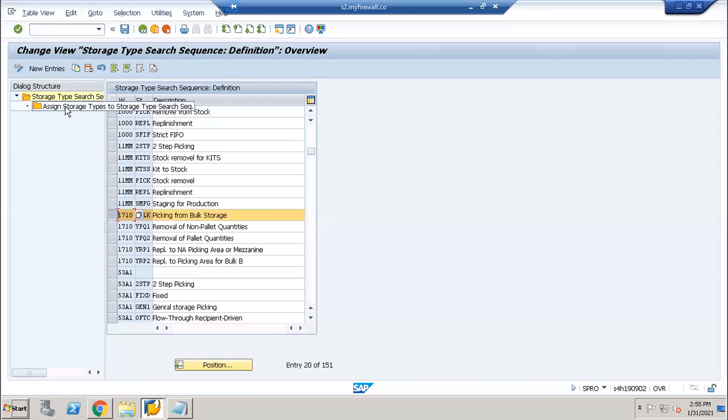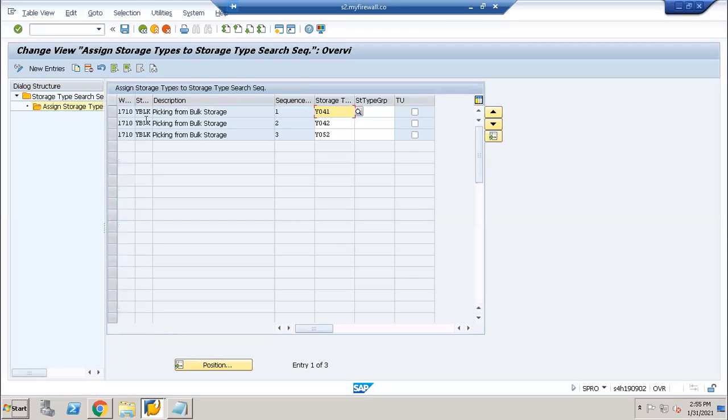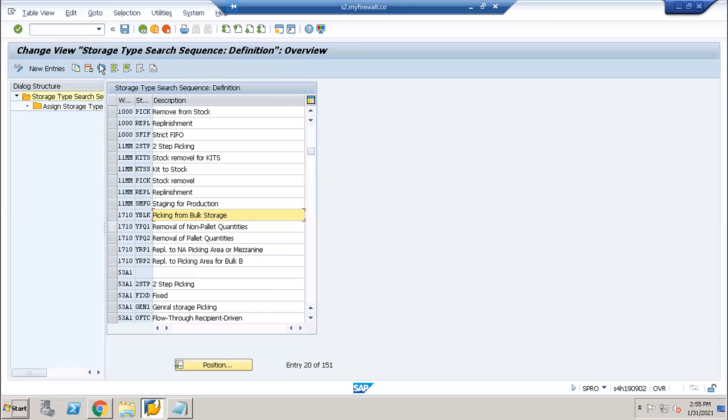There we have some storage type assigned. This is the row number, this is the storage type, and this is the particular storage type sequence, from this to this. This is the source, this is the destination. This type of activity we assign for stock removal strategies.